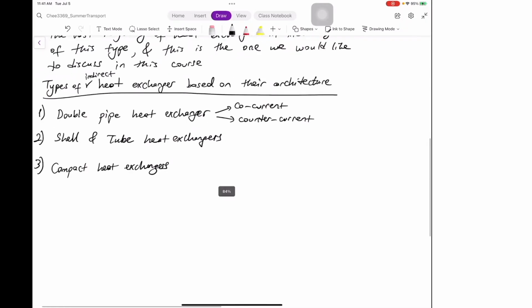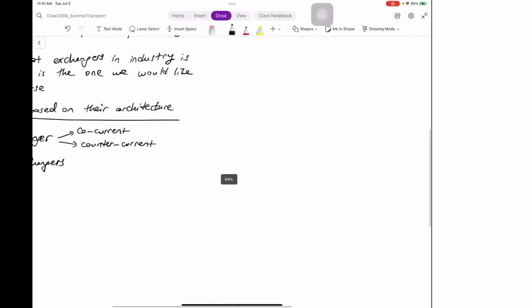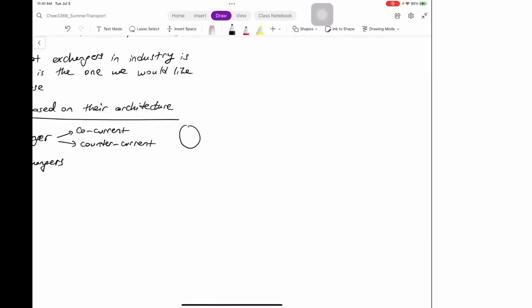So let me briefly show you a double pipe heat exchanger. You basically have two pipes. This is one pipe. This is another pipe. So you have two layers separated from each other.